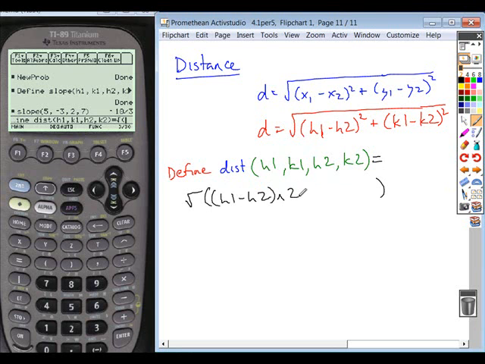So here's the symbolic notation. We'll have a second parentheses, and then h1 minus h2, close the parentheses, the caret symbol, and then the 2 for squared. And then we're going to add to this the difference of y, so k1 minus k2 squared.